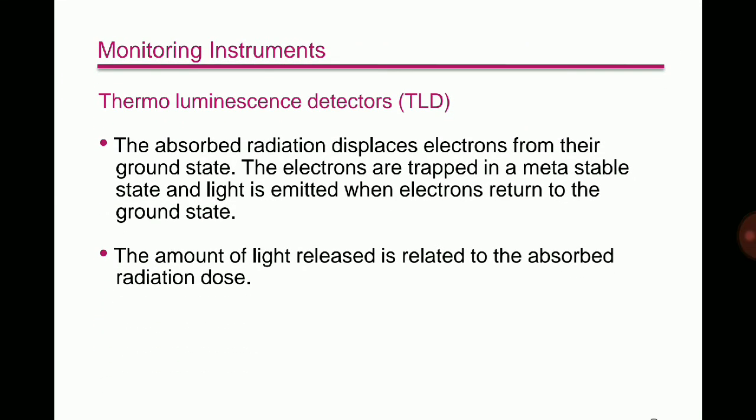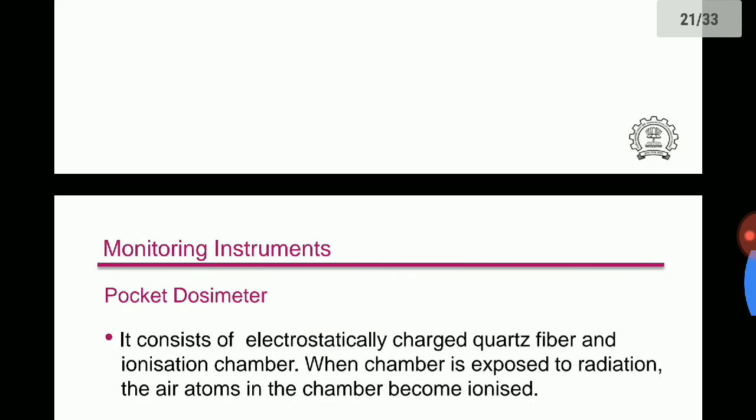The TLD absorbs the radiation and displaces electrons from their ground state. The electrons are stored in a metastable state, and light is emitted when electrons return to the ground state. The amount of light released is related to the absorbed radiation dose.